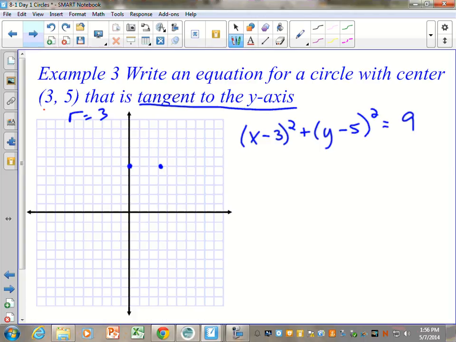A secant line is a line that touches a graph at two points. So if your radius was here, and you drew that in, that's not right. That was supposed to be the radius. It's supposed to be like this. This would now be a secant line because it cuts through the circle at two points. But if it's a tangent line, it only touches it in one point. Like that.